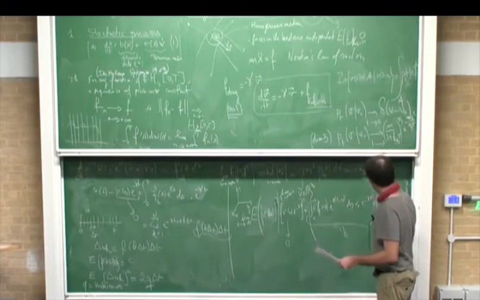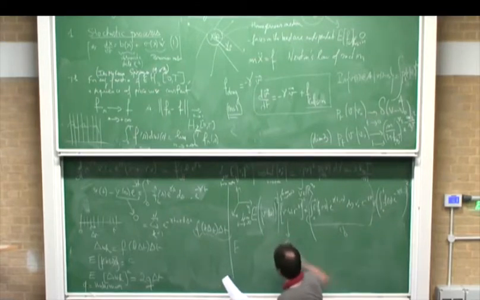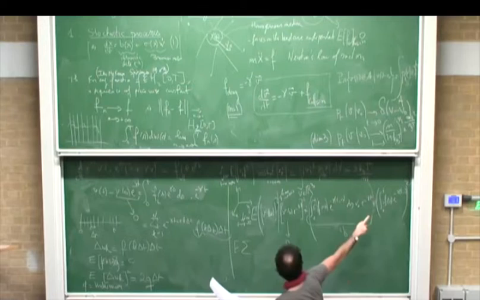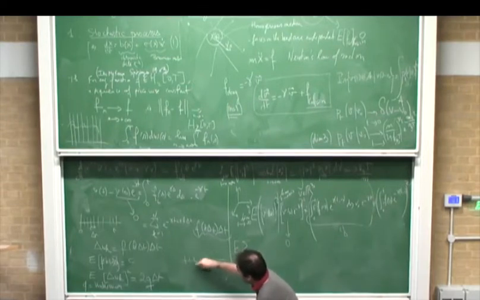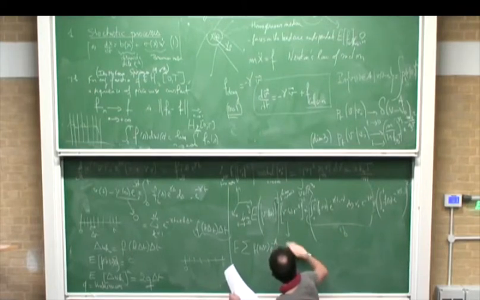And so you can do this the same way as we did before. This is the integral, so we can slice it. I'll do it one more time. I slice f of s between 0 and t, so that this integral is the sum of f of k delta t times exponential of minus gamma t plus gamma k delta t.